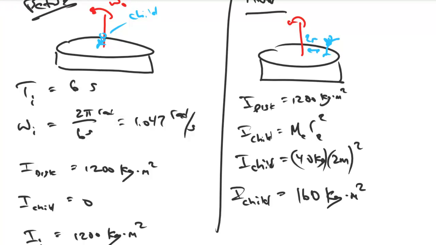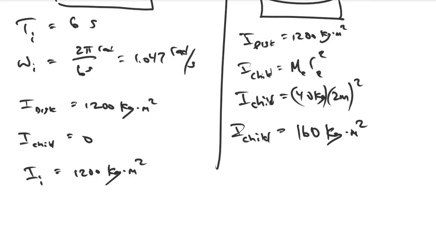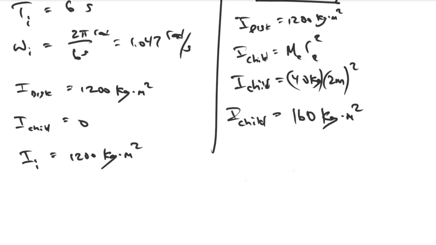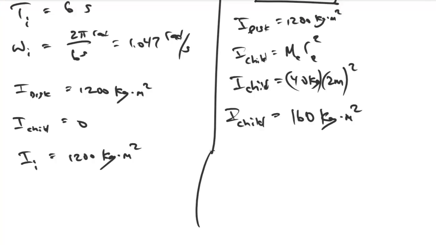And so this means that the total rotational inertia now in this condition, I'll just call this I final, is the 1200 plus 160. This is 1,360 kilogram meters squared.